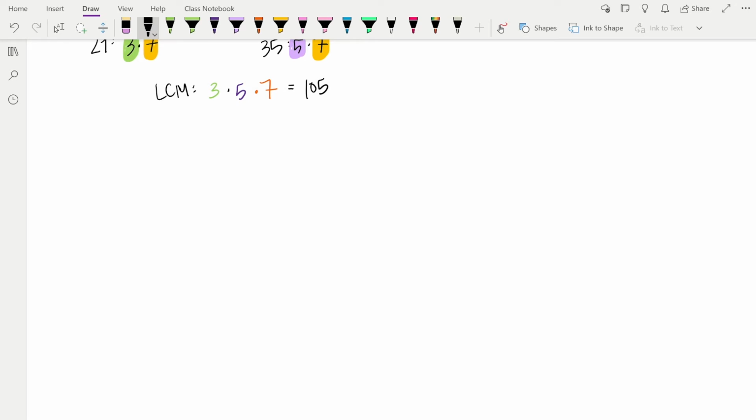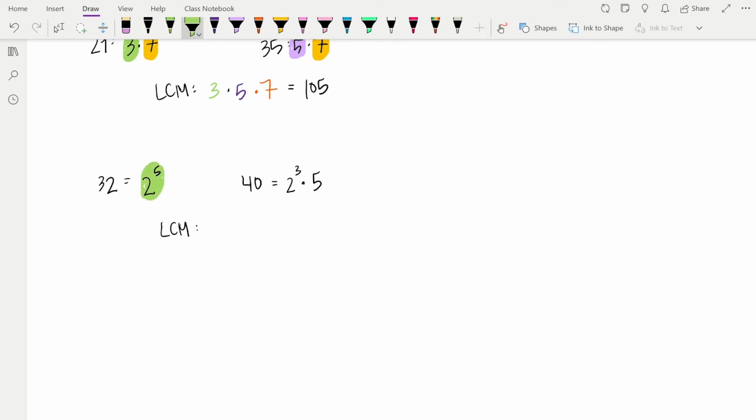Let's consider one last example just with numbers. So I have 32 and I have 40. Again, using my knowledge of division or using the calculator to get the factors, I factor each of these and I get that this is 2 to the 5th and this is 2 cubed times 5. So I have 2s and I have 5s. So my least common multiple, I will need to definitely have a 2.